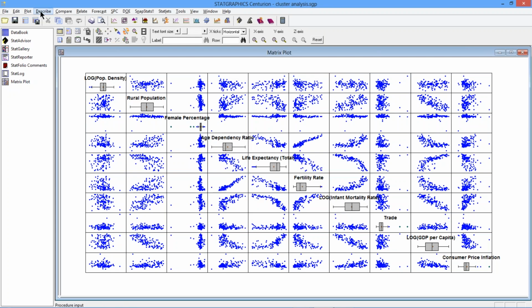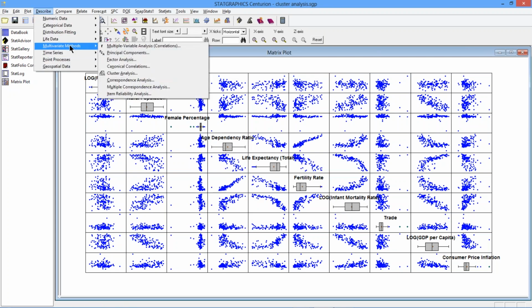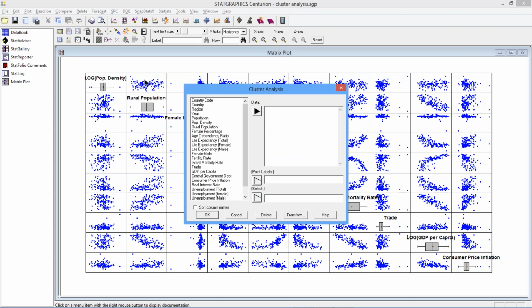Then I can go to Describe, Multivariate Methods, Cluster Analysis, do a Control-V, and I've got the 10 variables that I want to look at. I'm also going to use the column called Country to label the individual observations, which will help me identify what points belong to what countries.